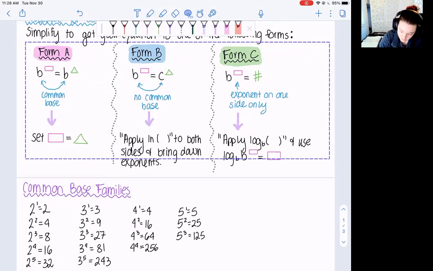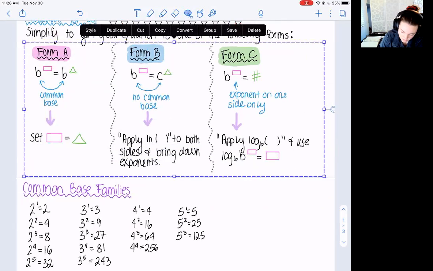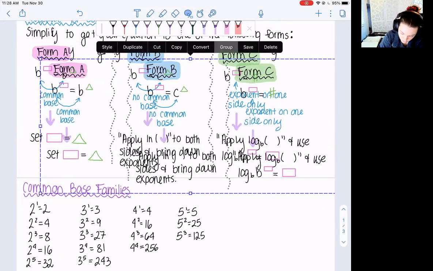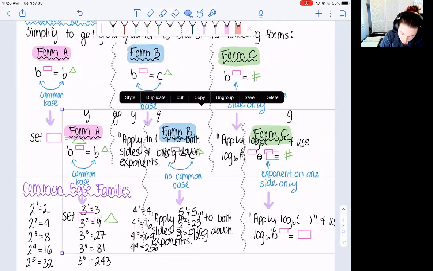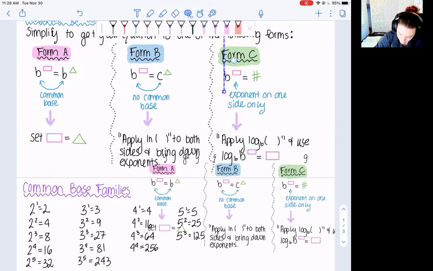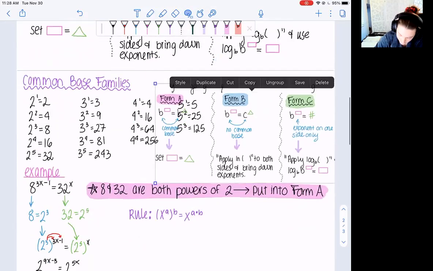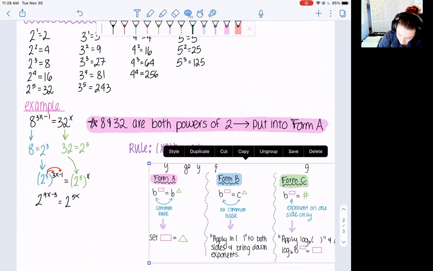So if I look back up here, let's see if I can group. Oops. I just wanted to bring this along with me, to have this along for the ride.